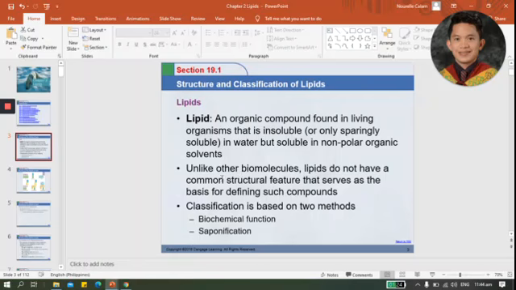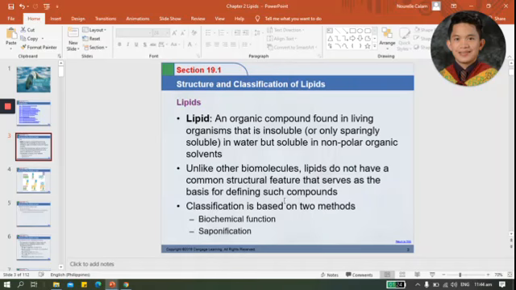Unlike other biomolecules, like, for example, carbs or proteins, lipids do not have a common structural feature that serves as the basis for defining such compounds.